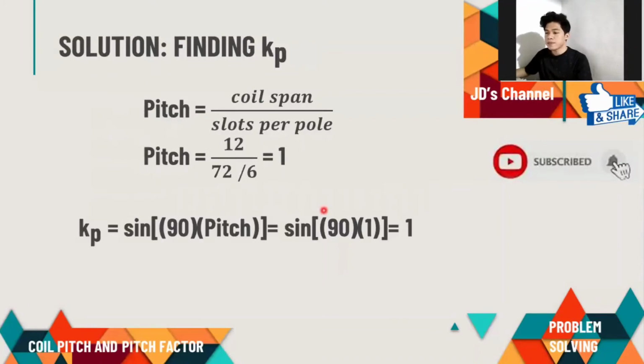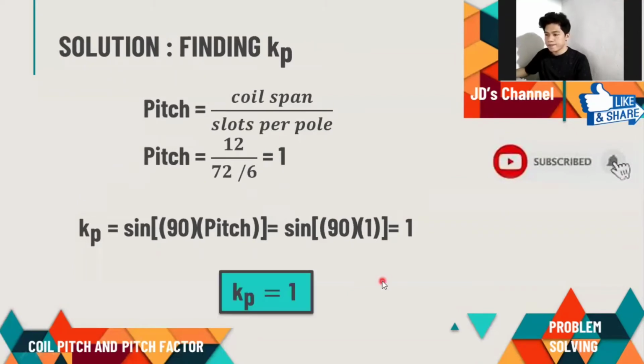And then substituting the value of pitch in this formula, Kp is equals to sine 90 times the pitch. So sine of 90 times 1 is 90, and then sine of 90 is 1. So therefore, the value of our Kp is 1.